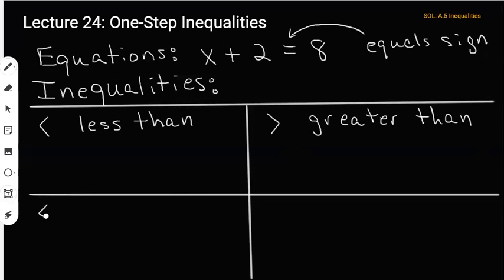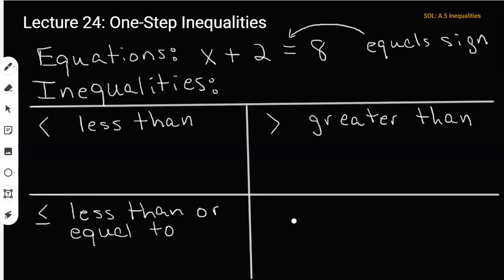There's the less than or equal to. Notice that it's basically the same thing as a less than symbol, but it's got this horizontal line under it. That makes it less than or equal to.